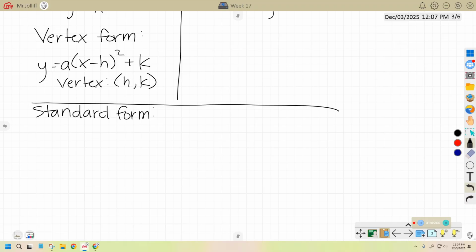I hate the way they do this, but that's okay. And I see frowny faces, and you should see frowny faces because we don't usually write equations like that.